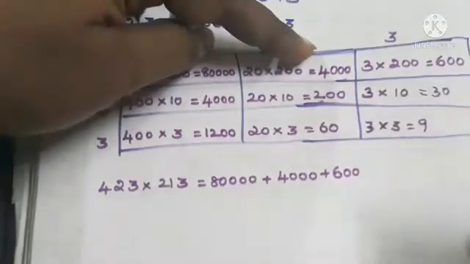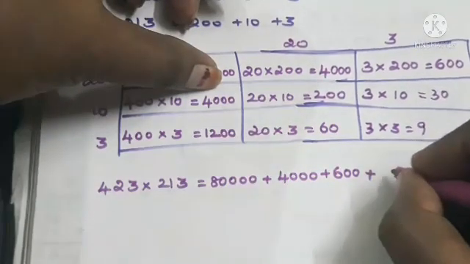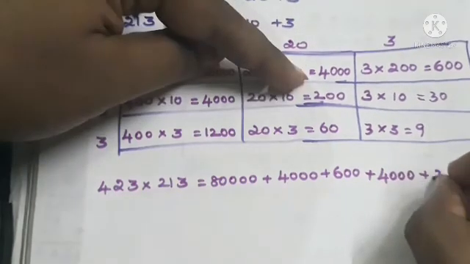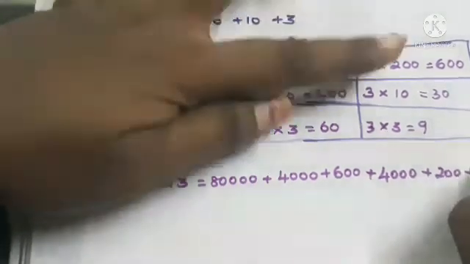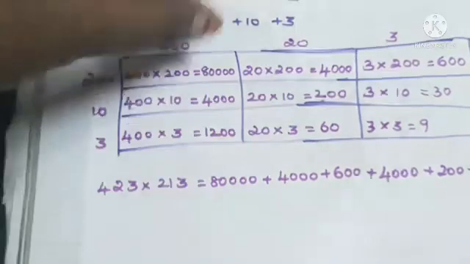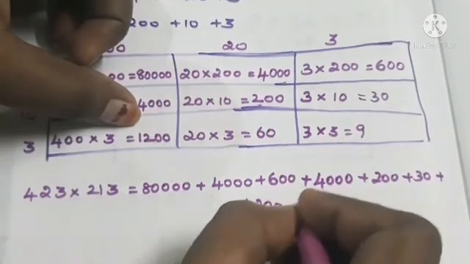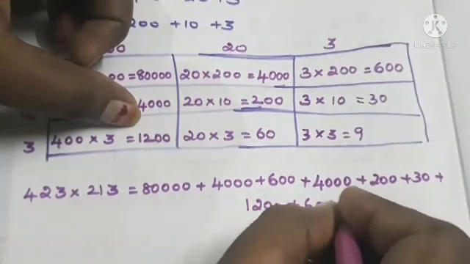Then come to the next box, that is 4,000, plus next one 200, plus next one 30. Next we can write the next values: 1200 plus 60 plus 9.